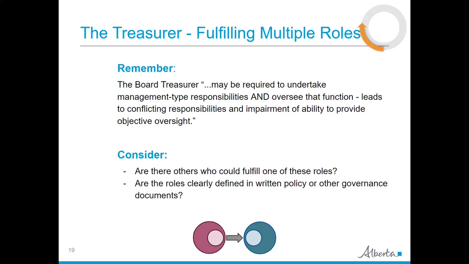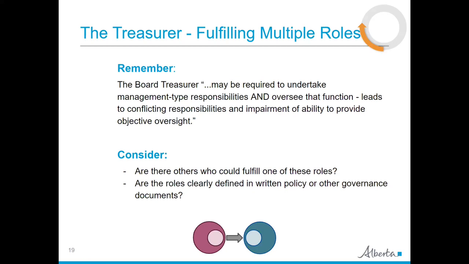These financial roles and functions are always there, but how and by whom they are carried out is largely determined by context. In other words, by the size, scope, complexity, etc. of the organization. For example, in a large organization, this could mean that the treasurer's role is only in an oversight capacity because there are paid staff to carry out the actual day-to-day financial management functions.